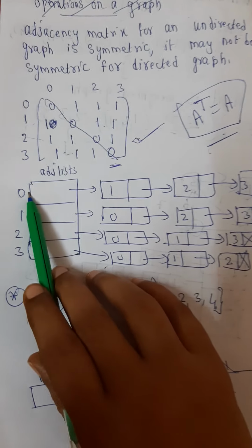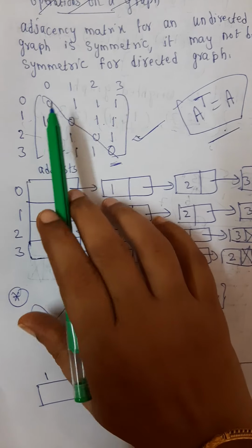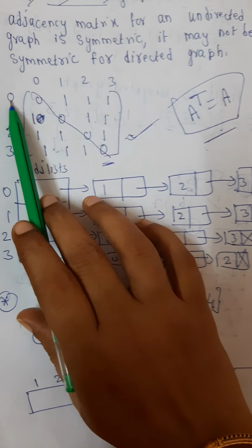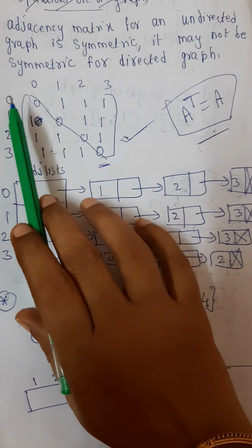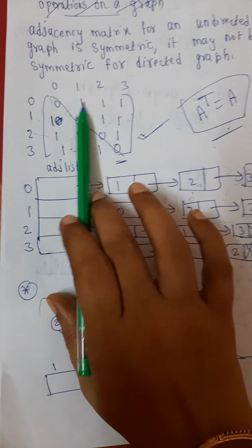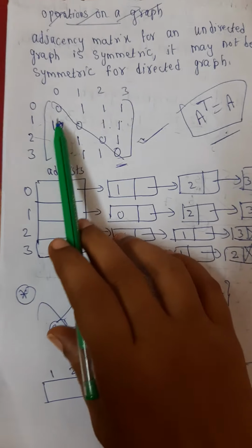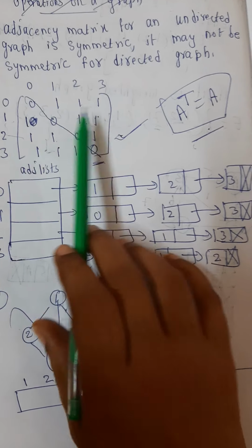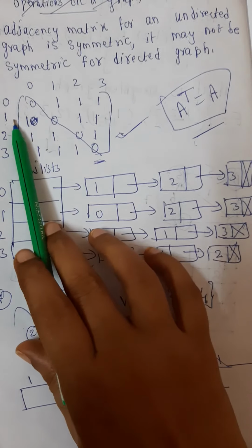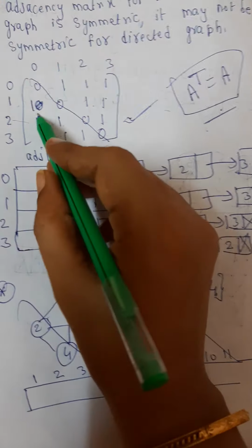Now I am starting with the 0. Here we have 1. Here we have 1 means you have an edge from 0 to 1, 0 to 2 and 0 to 3. If you have a 1, it is an edge. So the adjacent vertices of 0 are 1, 2, 3. Now coming to 1. What are the adjacent vertices? Here you have 1, 1. Sorry, here also you have 1.